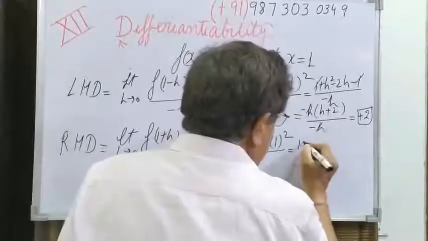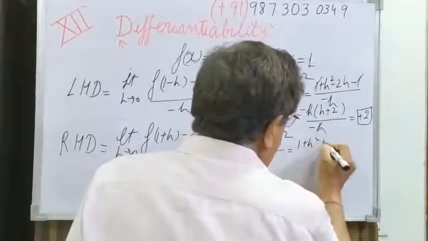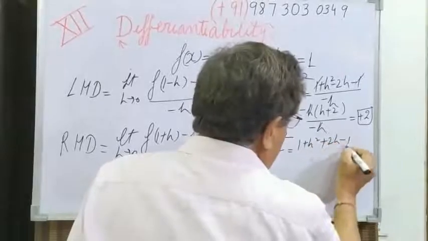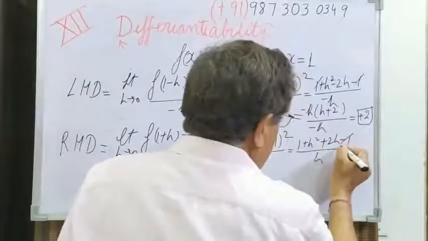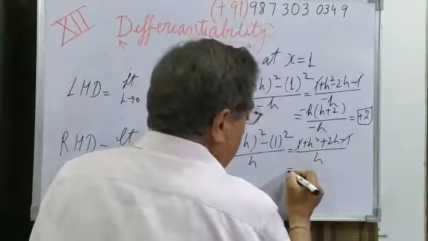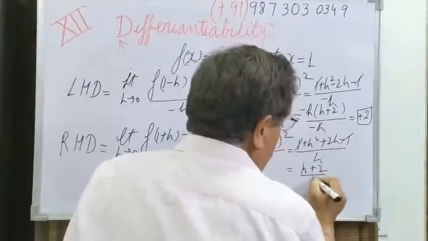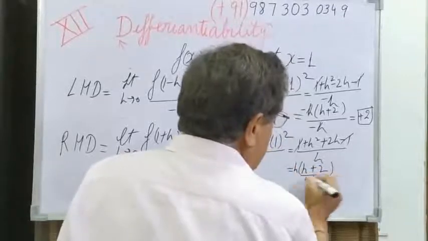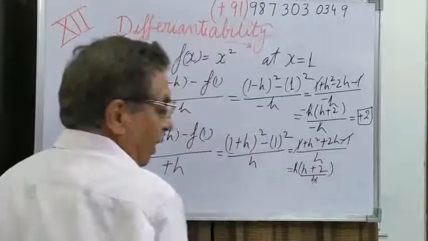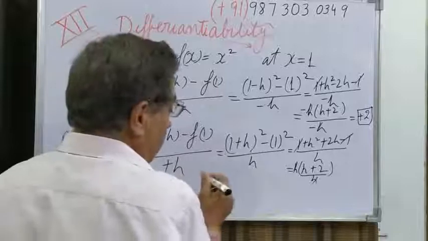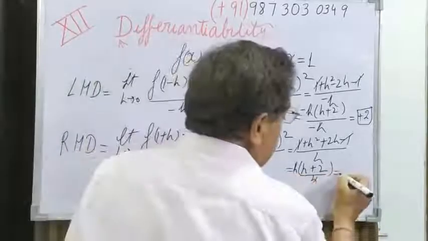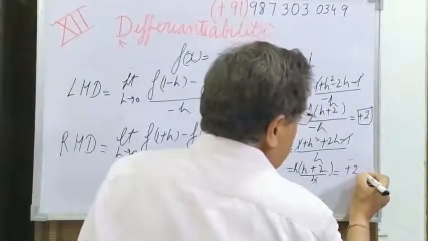This is a square plus b square plus 2ab upon h, h again common, gets cancelled, and then proceeding to the limit, we get plus 2.